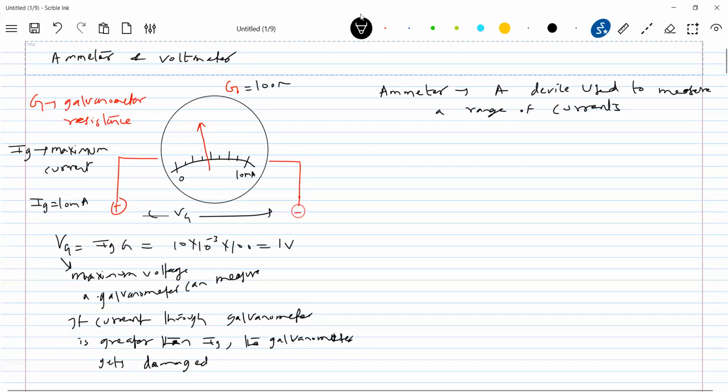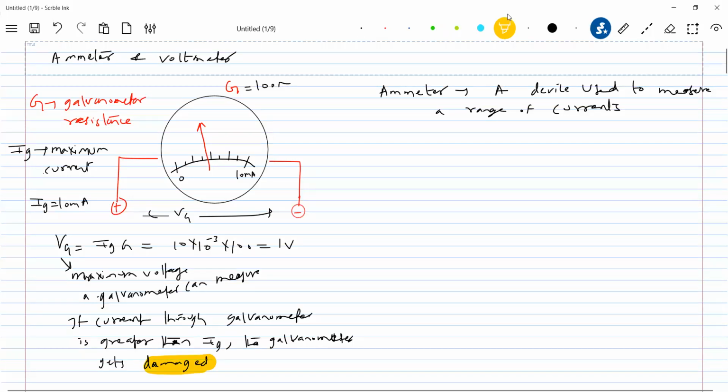Damaged in the sense the pointer will not return back to 0. Inside the galvanometer, the spring will get damaged. The total equipment will get damaged. So this is a precaution we have to take. The current through the galvanometer should never cross, should never even touch this IG. It should be slightly less than IG, 10 milliampere, say 9.9 milliampere. This is a precaution we have to take whenever we are using the galvanometer.